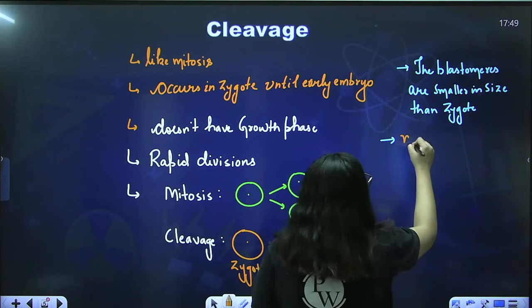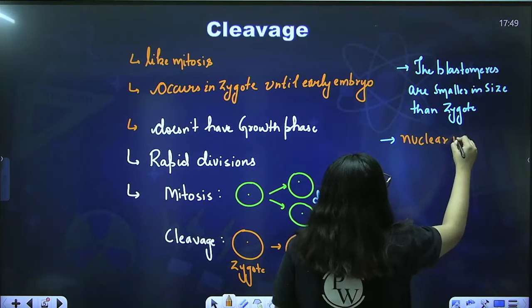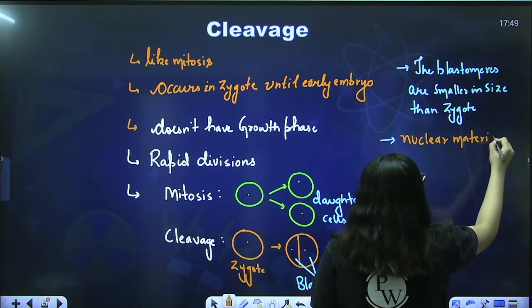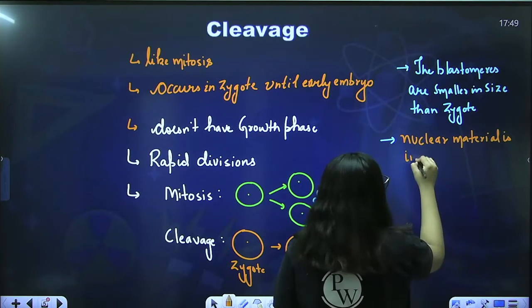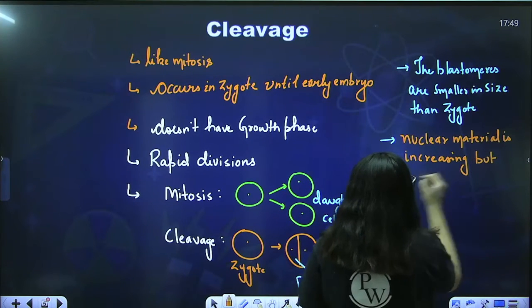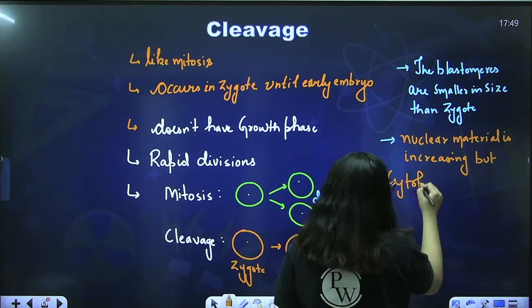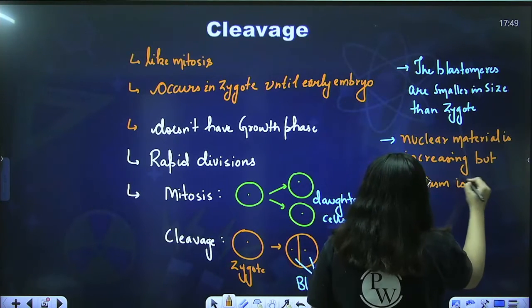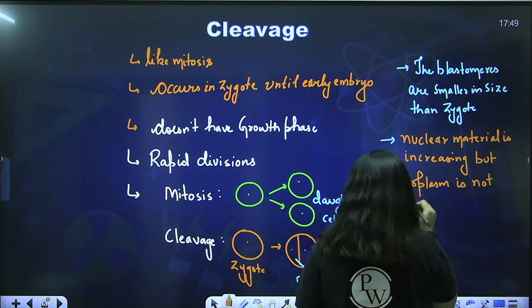So here nuclear material is increasing, it is dividing, but the cytoplasm is not increasing, it is still the same.